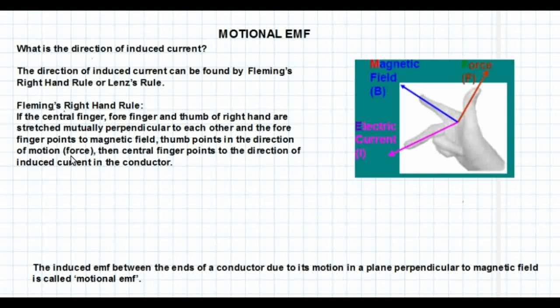That is why it is the direction of force. So the thumb points the direction of motion or force or velocity. All this will be the same. Then the induced current will be in the direction of the middle finger, or the central finger. So that is Fleming's right hand rule.